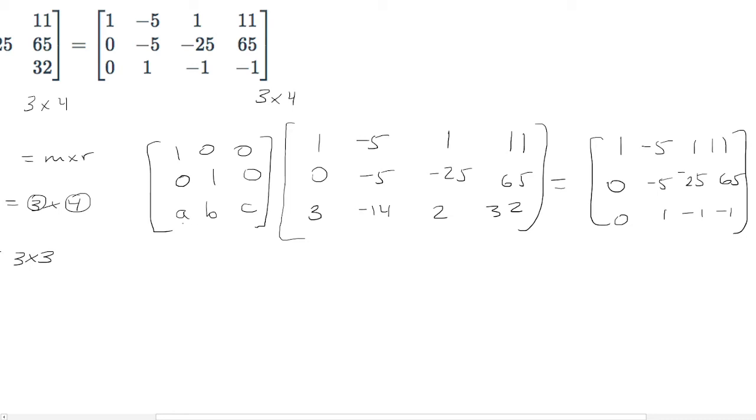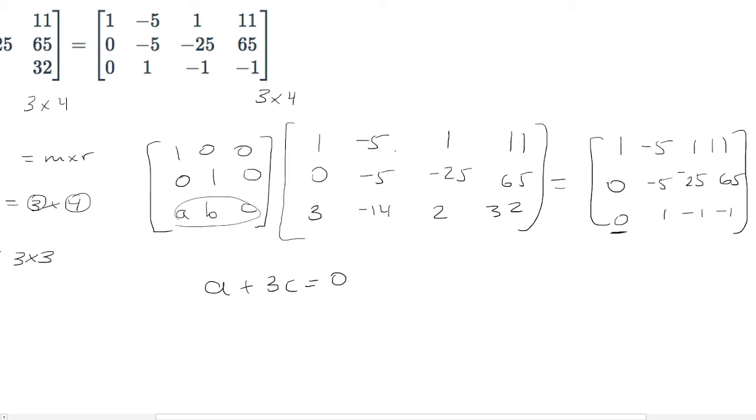And so what we're going to do is take this row and multiply it by each one of these columns. So if I do the third row of the first column, we have A, and then B times 0 is 0, and then multiply 3 and C. That's going to equal this 0 right here.